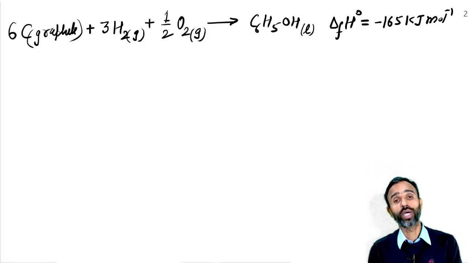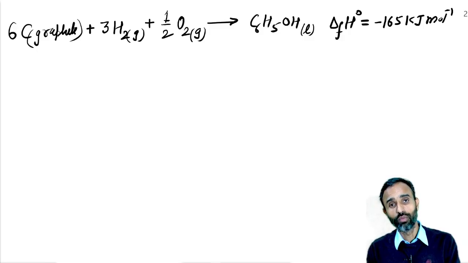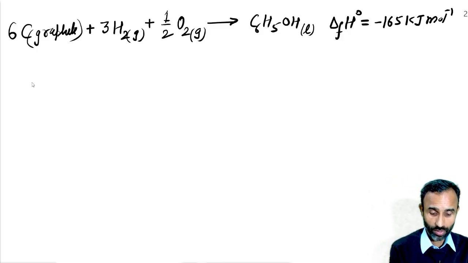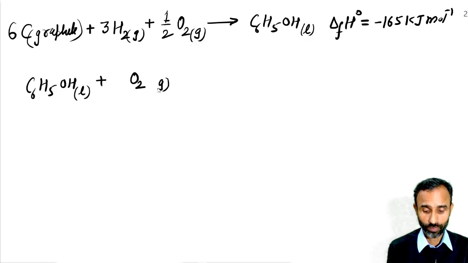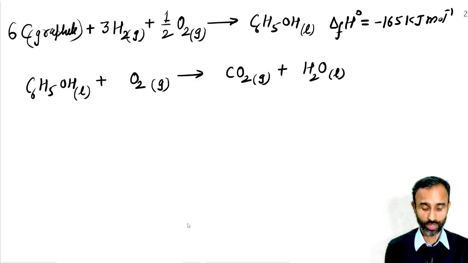It is the amount of energy released when 1 mole of compound is burned in excess of oxygen. So now the equation becomes C6H5OH liquid plus O2 gas gives CO2 gas plus H2O liquid.